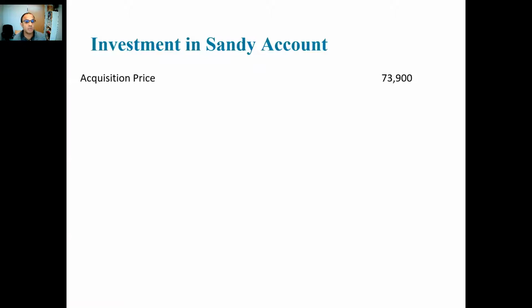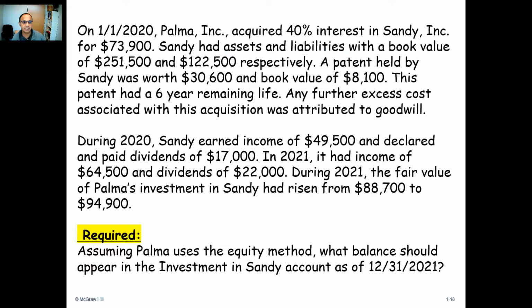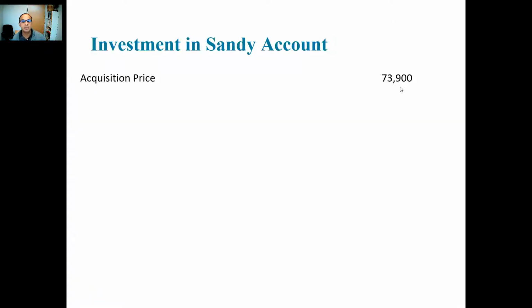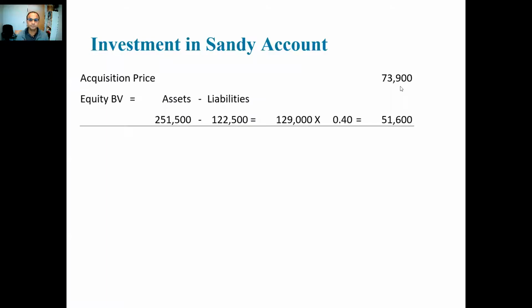So here we purchase the shares in Sandy Company, 40%, for $73,900, which is here. But the book value of Sandy Company is the assets of $251,500 minus liabilities, and we get the difference. From this difference, we calculate our percentage, which is 40%.